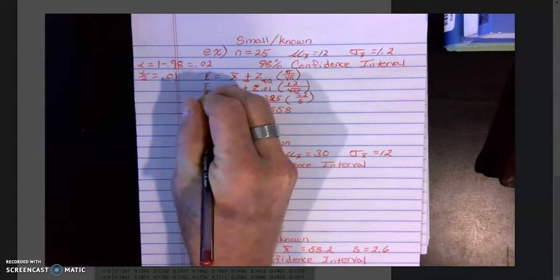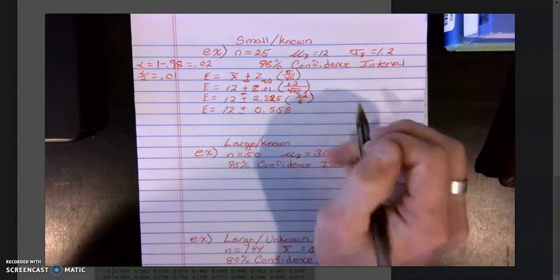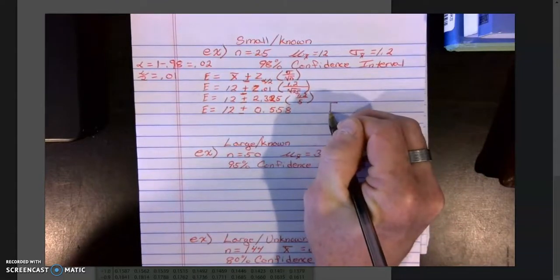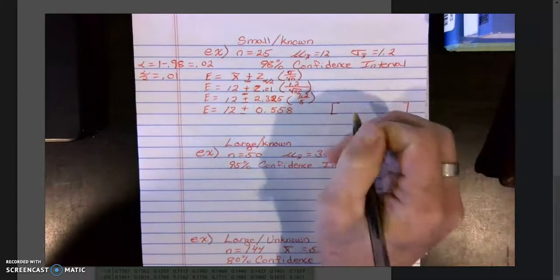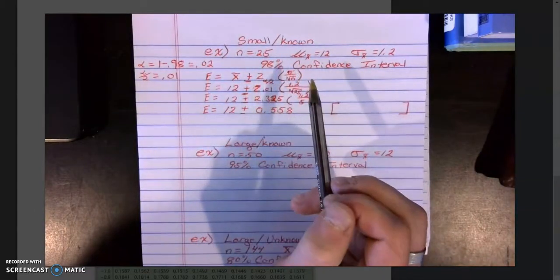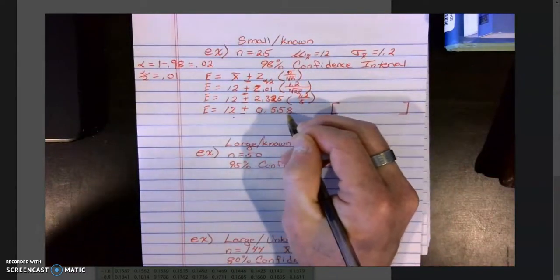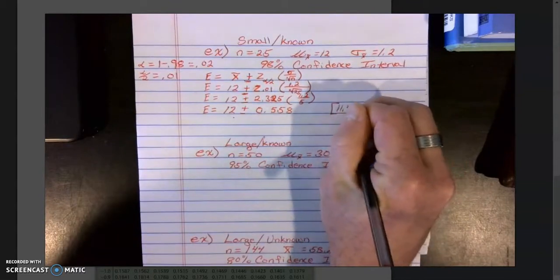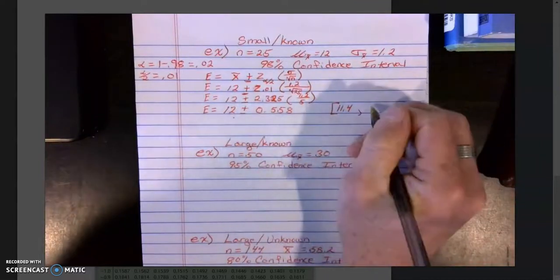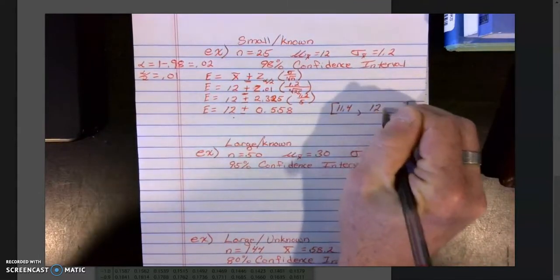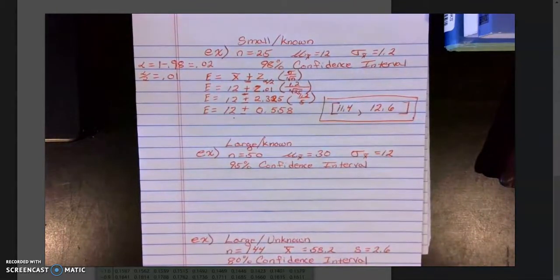And so if our margin of error is this, given that our mean is 12, we will say that we have a 98% confidence that we are 98% confident that our sample mean will fall between 12 minus the 0.558, which is going to get me 11.4, and 12 plus 0.558, which is going to give me somewhere around 12.6 rounded. Okay? And so this is our 98% confidence interval.